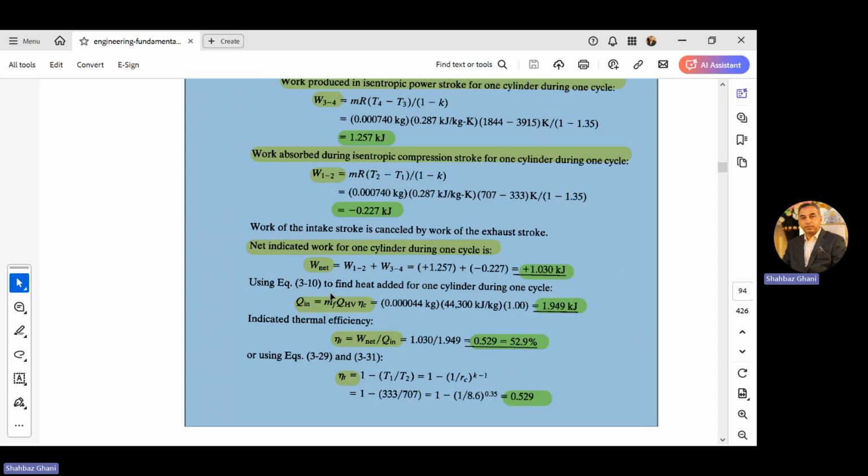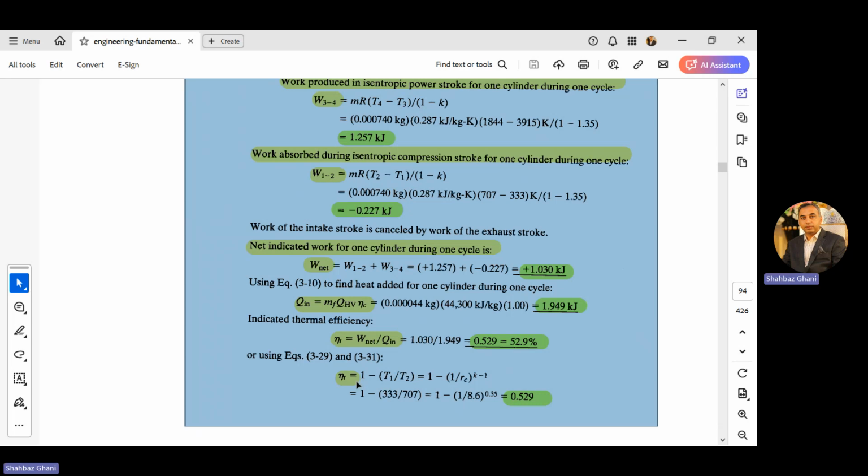Now using these values in the equation, Q in is your mass of fuel times the heating value of the fuel times the combustion efficiency, and we get 1.949 kilojoules. So the indicated thermal efficiency is the net indicated work divided by Q in. So we get 52.95 percent as the thermal efficiency of this engine.